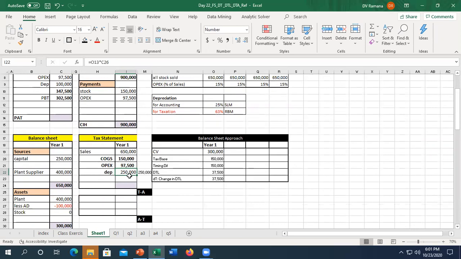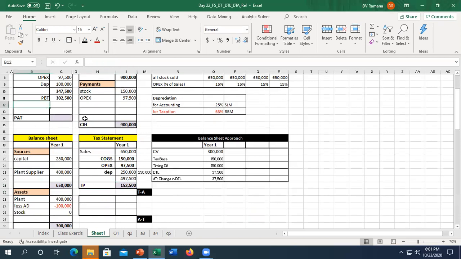Now observe, if depreciation is 250,000, the summation of expenses for taxation is 497, and the taxable profit is equal to 650 minus the allowable expense of 497.